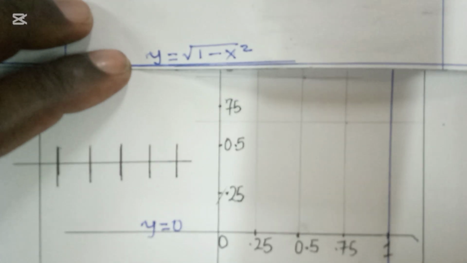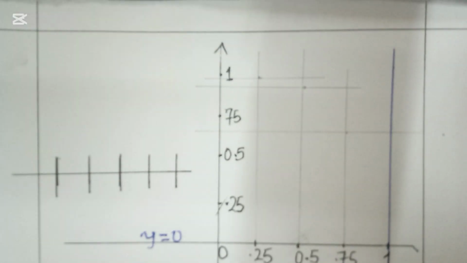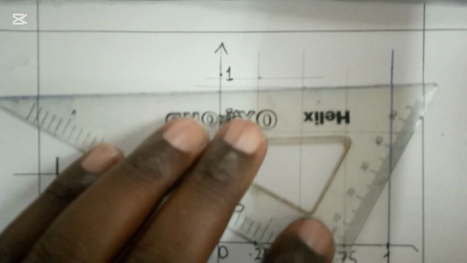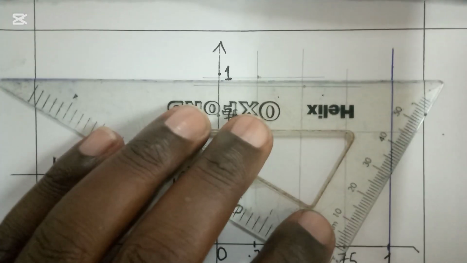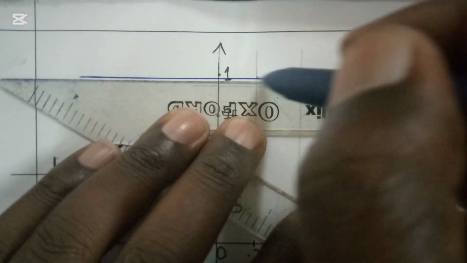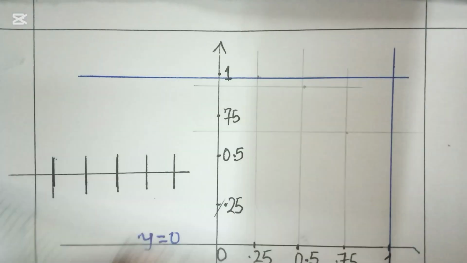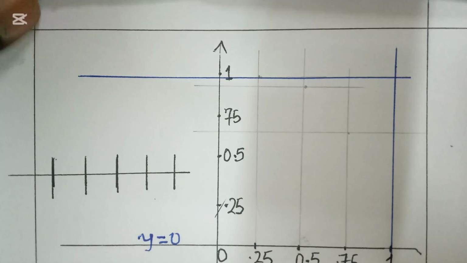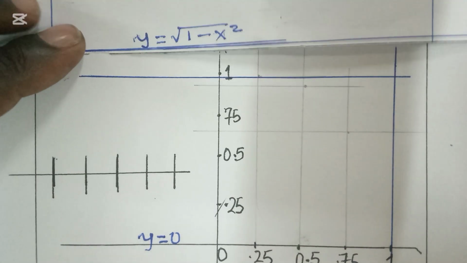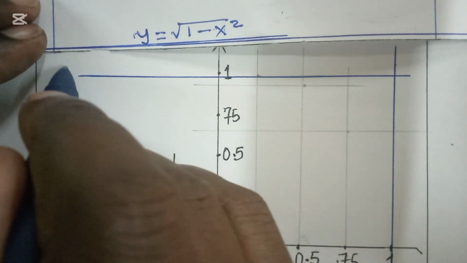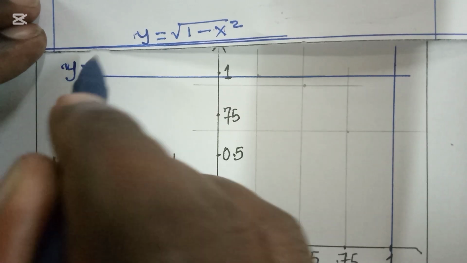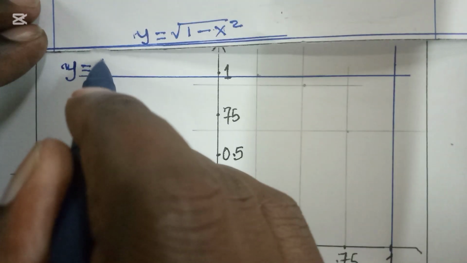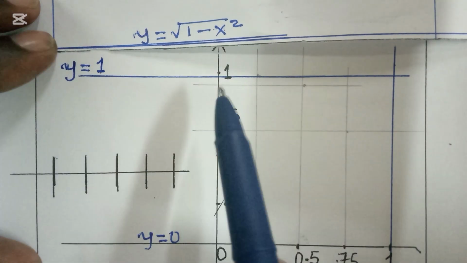And so therefore we are going to draw a line y equals to 1. This is now y equal to 1, we call this one y equals to 1. That is at this point.